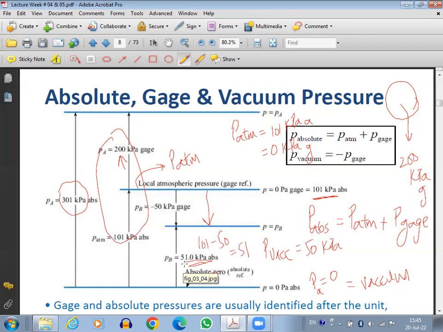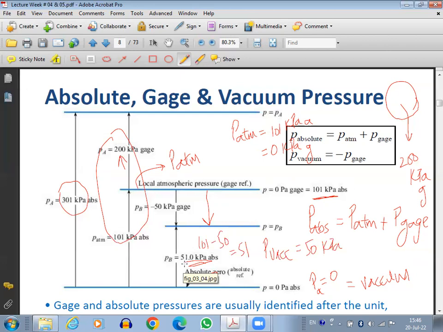Here, right now in Karachi, the atmospheric pressure would be 101 kilopascal. But if you go to a high elevation in Murree, somewhere, the pressure lowers. At high altitude, the pressures are low. So the atmospheric pressure will vary with the location, based on its elevation.